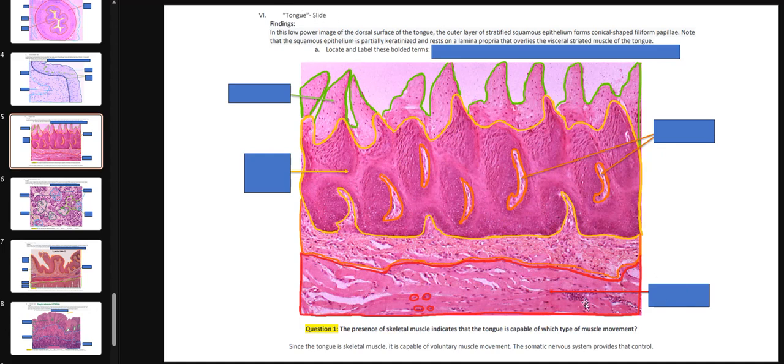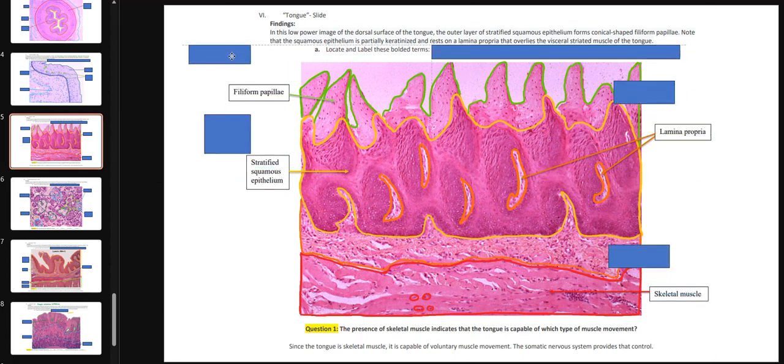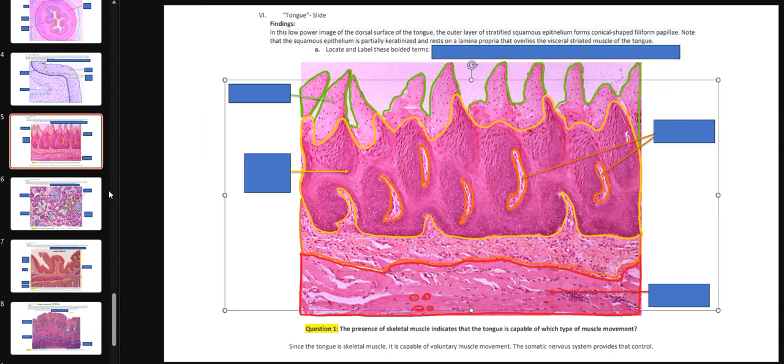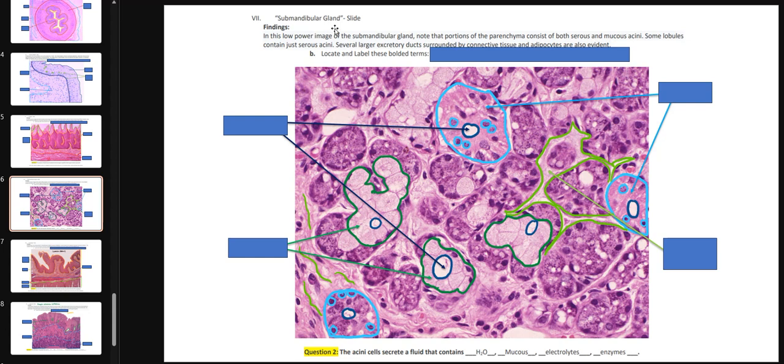Tongue slide, skeletal muscle, lamina propria, stratified squamous epithelium, and filiform papillae. And skeletal muscle for swallowing. Mandibular gland slide, serous acini, mucus acini, excretory ducts, connective tissue.